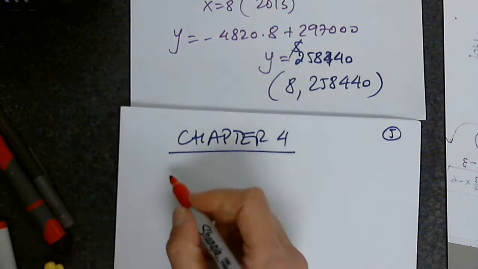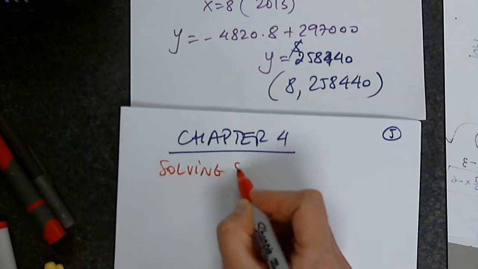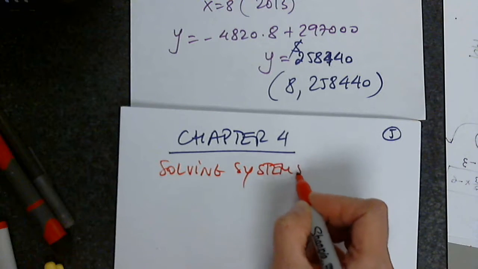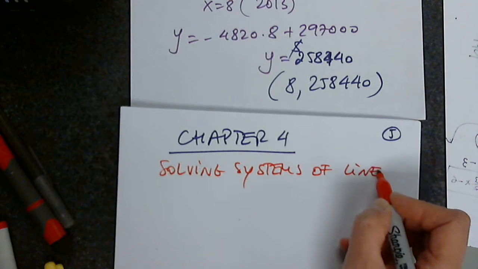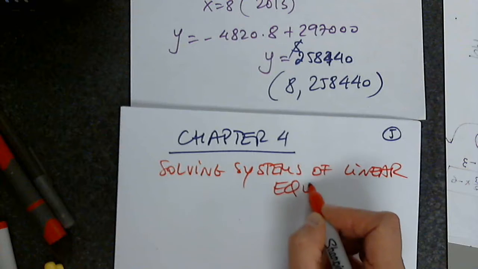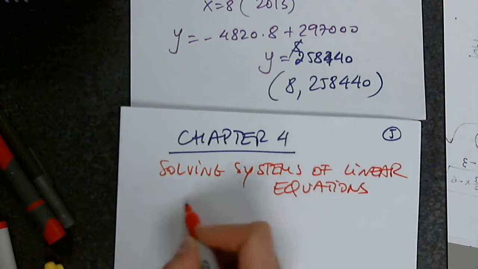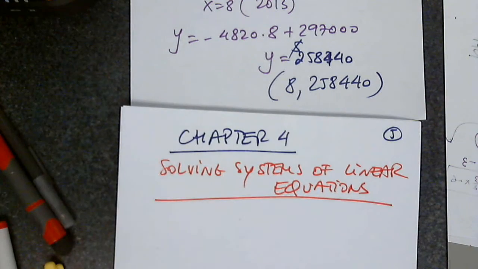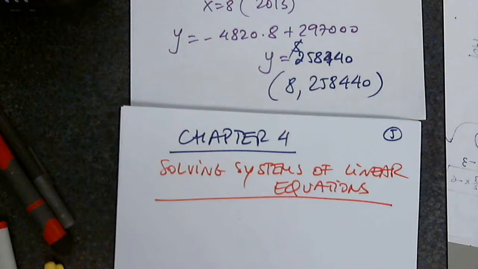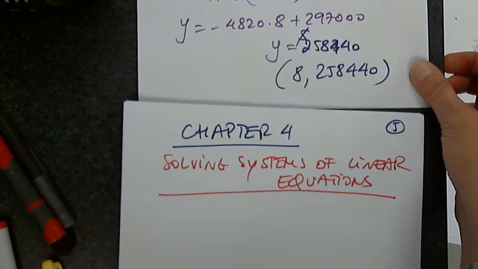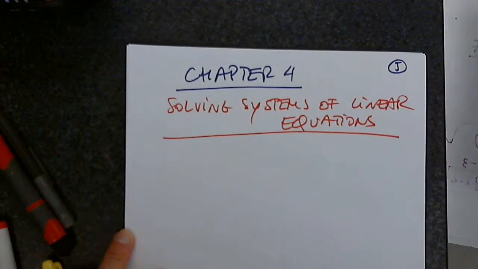We will not cover the entire chapter. One section, which I think is 4.4, we will not cover because it deals with systems of 3 linear equations in 3 variables. So we will only cover 4.1 through 4.3 and 4.5, which are applications.